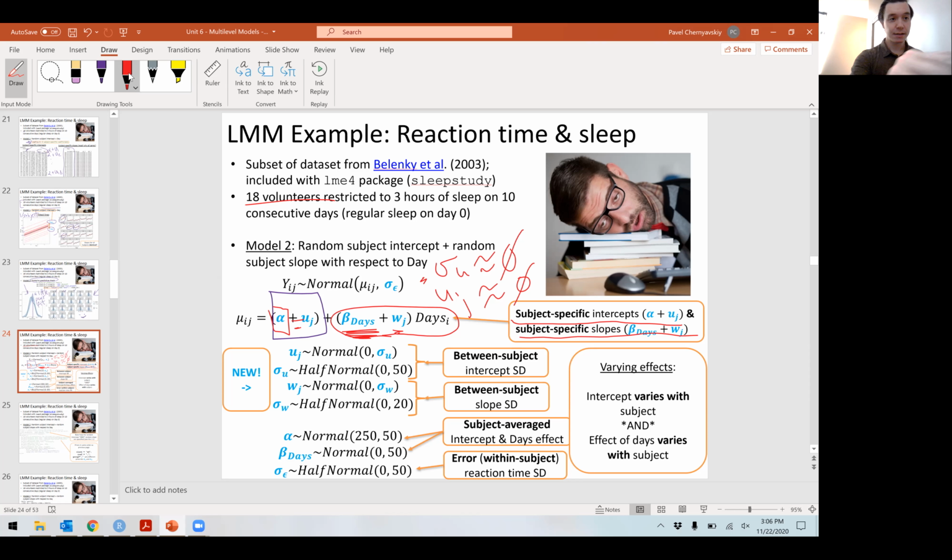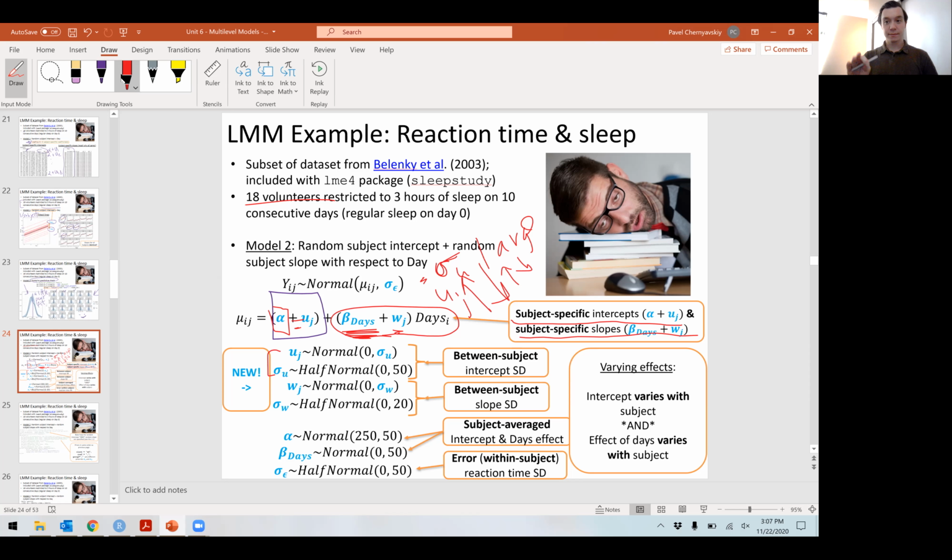Though if this sigma u is large, then these deviations are going to perturb, they're going to modify that population intercept in different ways, to bounce it up and down. And so the larger that sigma u, the more necessary it will be for us to include it.